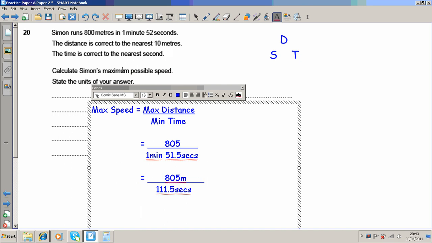So calculator, 805 divided by 111.5 is going to be 7.219730942.